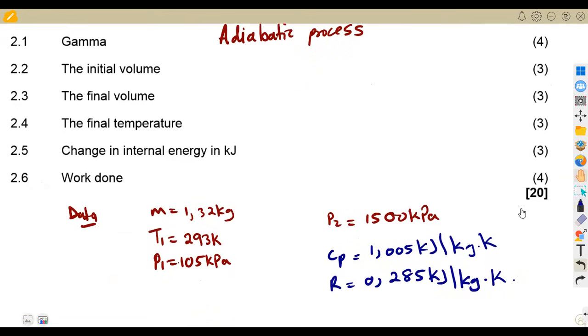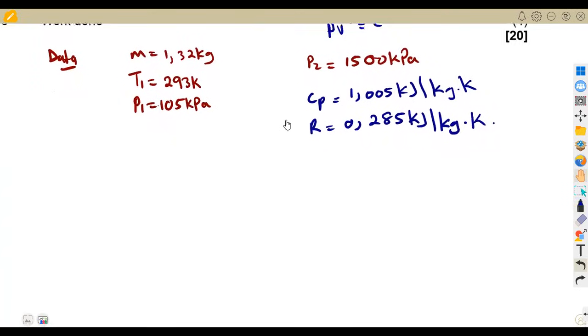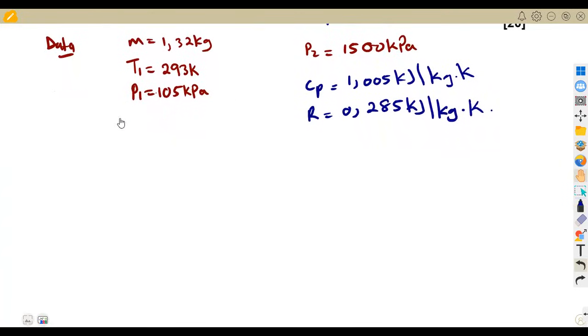Remember, we are given this from the law, PV to the exponent of gamma is equal to C. So the first question is 2.1, calculate or find the value of gamma in this case, and that is 4 marks. All right, where can we obtain the value of gamma? We have got Cp, we have got the characteristic gas constant, which we have.